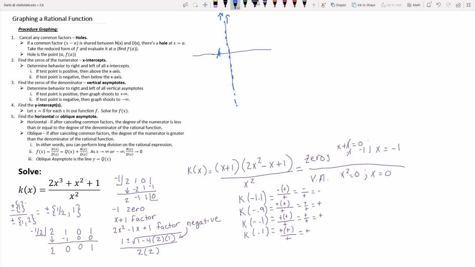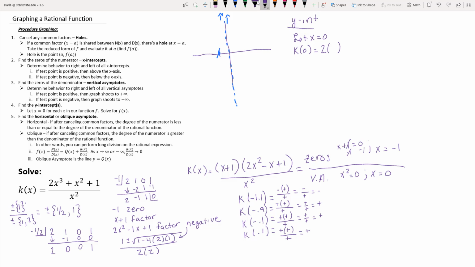So then we move on to our next step, where we would look for any y-intercepts. So if we want any y-intercepts, we have to let x be 0. So in other words, evaluate our function at 0. So wherever there's an x, put in 0. And we could do the factored form, but it would probably be just as easy to do the original function.